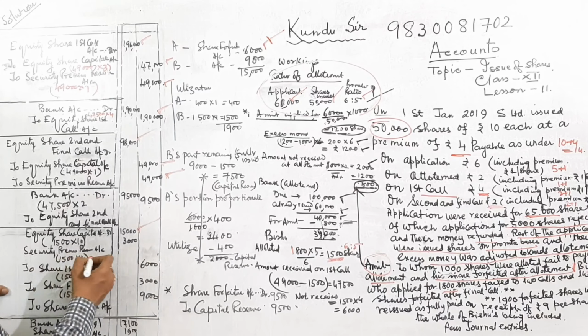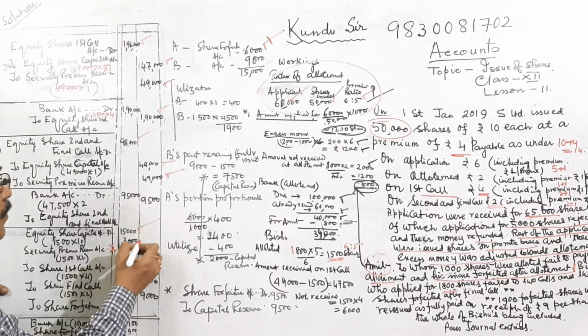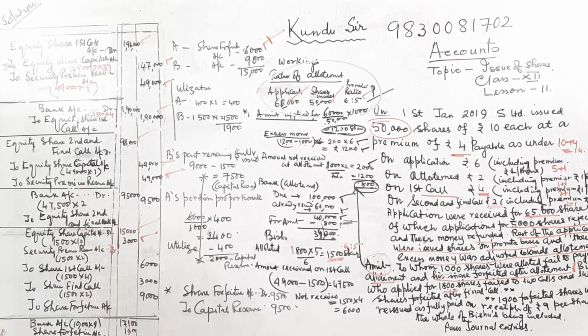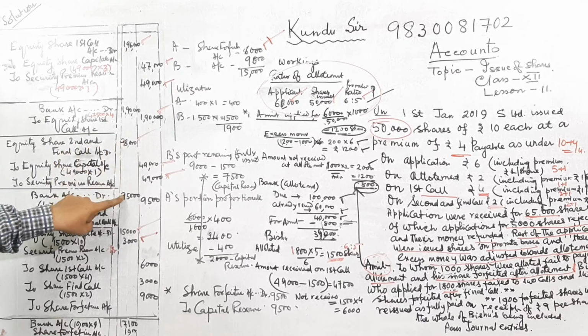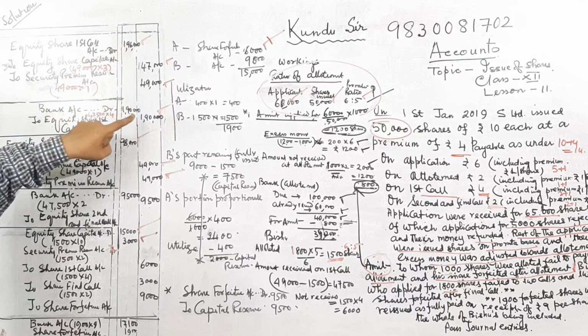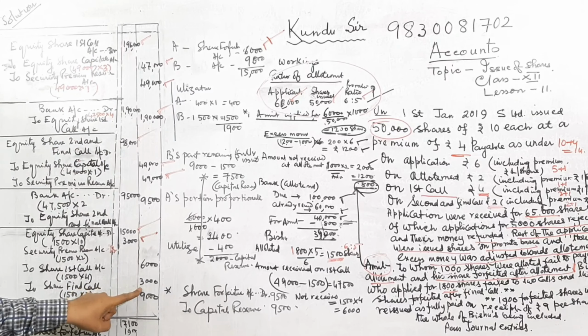So we are debiting securities premium reserve account. There is a debit balance of 6,000 we are crediting. There is a final call debit balance 98 and 95, 96 and 90, so 3.